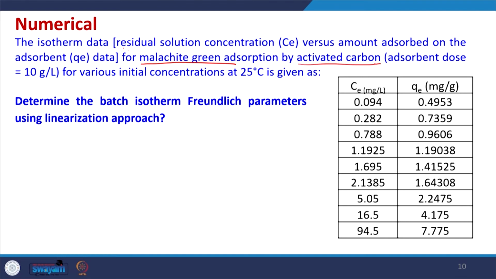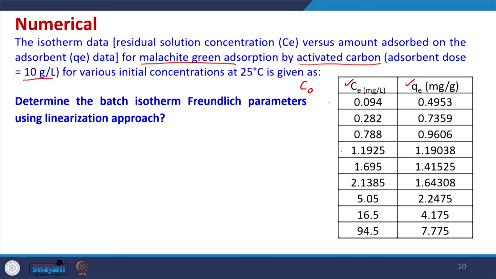The adsorbent dose again, for simplicity, has been taken as 10 gram per liter, and these are the various equilibrium concentrations, and the QE value is given. Here, in place of C0, directly this value is given.